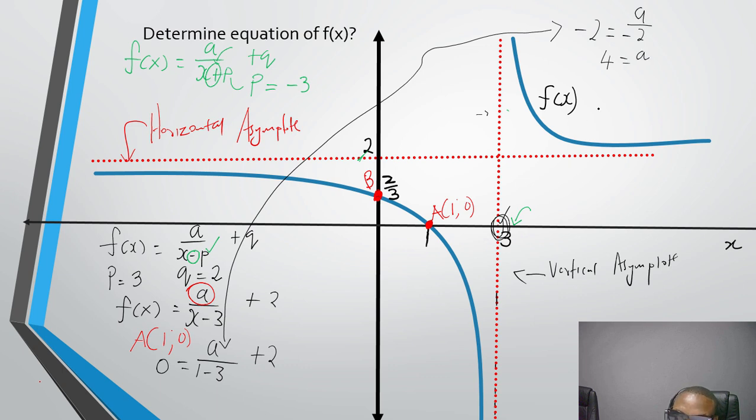Now what is the equation of f of x? f of x equals, your A is 4, so 4 over x minus 3 plus 2. So this is the equation of f of x. You found the equation of f of x. It's very, very important to be able to interpret your hyperbola function.